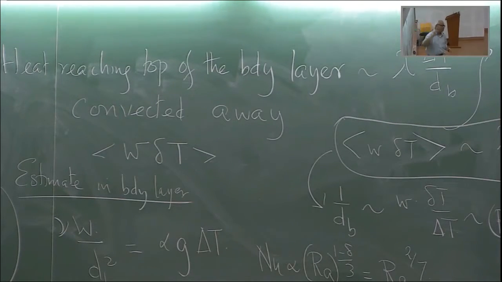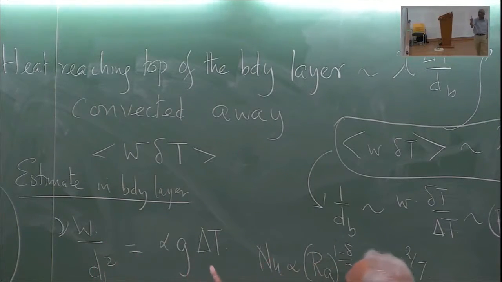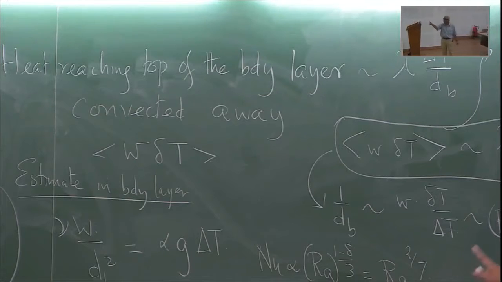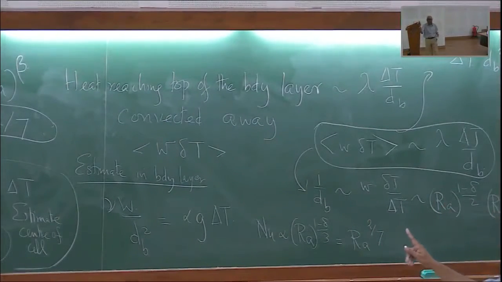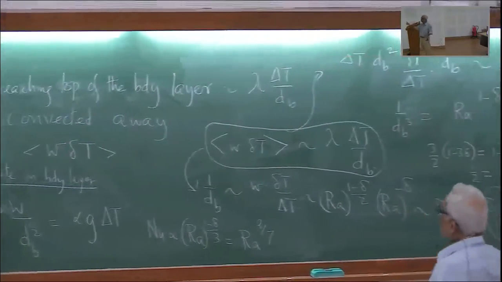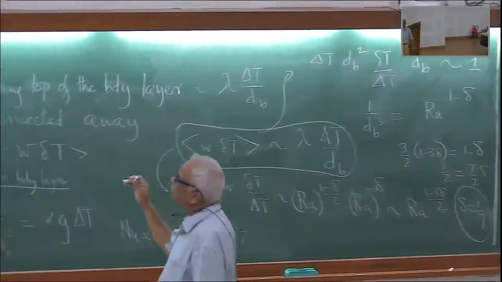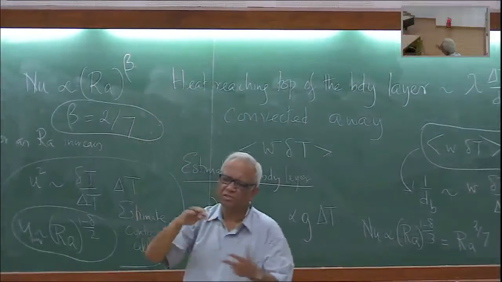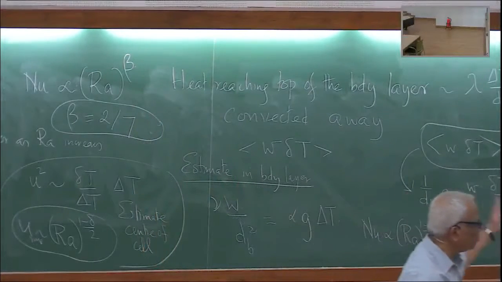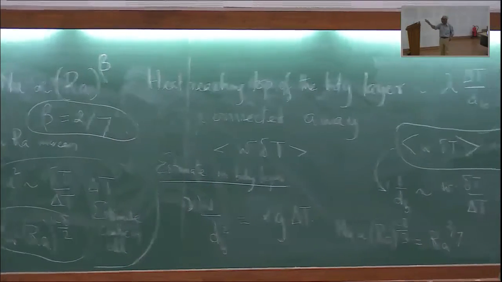This is a 10% deviation picked by the experimentalists, taken seriously by the theorists, and this is not the whole story. The 2 by 7 is correct, but the real scaling over here should also have things like Prandtl number and so on, which has been merrily neglected in all this we have done.